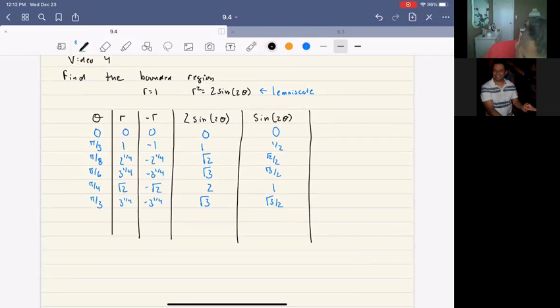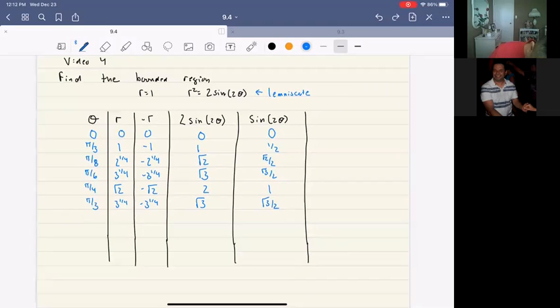Okay. Next one. The next angle we know on the unit circle is in the second quadrant, 3 pi over 4. Divide that by 2, 3 pi over 8. Sine of 3 pi over 4, root 2 over 2.